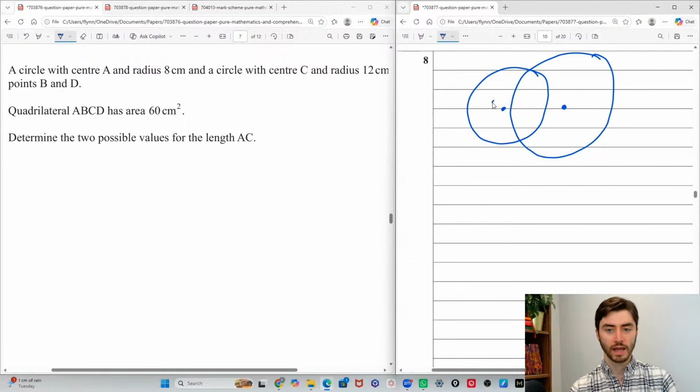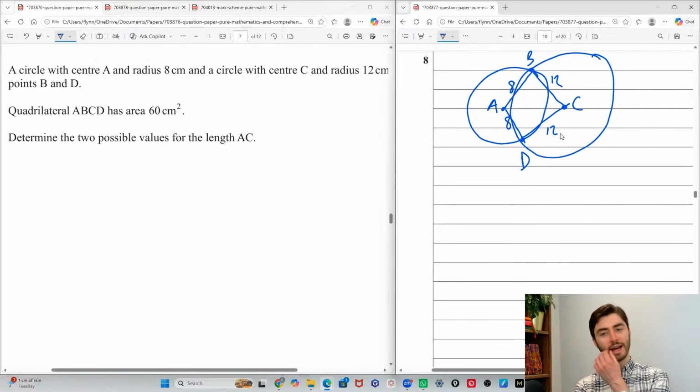So that would be A, that would be C, that would be B, that would be D. That distance from A to B and A to D would be 8. That distance from B to C and D to C would be 12. So it's going to form a kite.